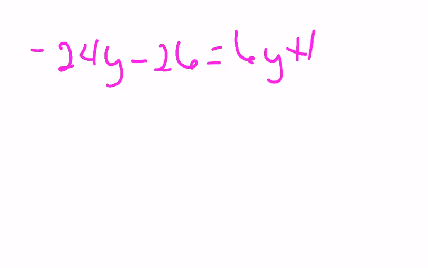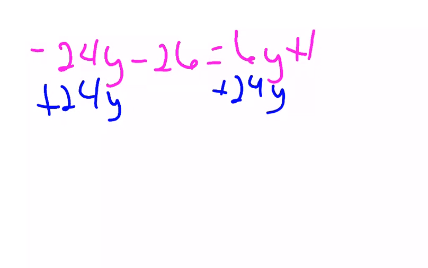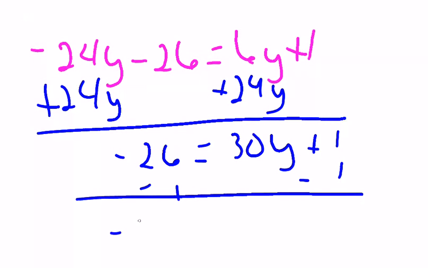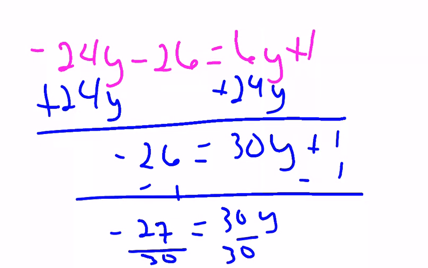Now we want to add 24y to both sides. I get 30y there. Subtract 1 from both sides. Negative 27 equals 30y. Divide by 30.